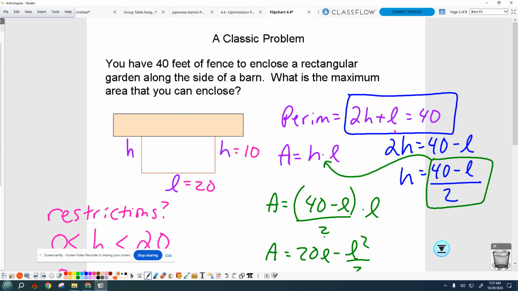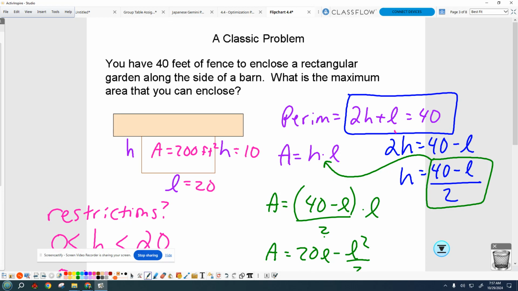I still didn't answer the question. Cameron? It's asking for area, so 200. And in these problems, you need your units. It's not feet cubed, area is feet squared.